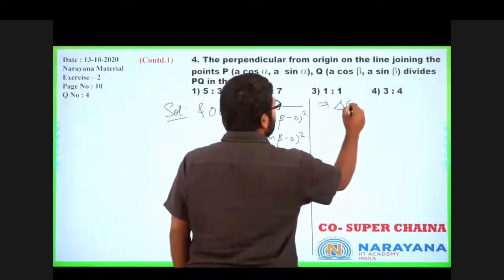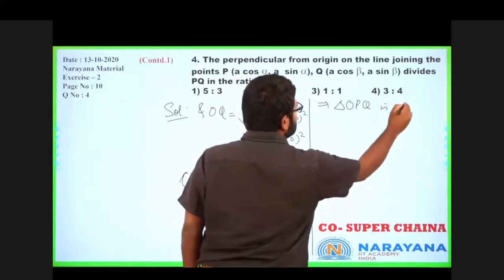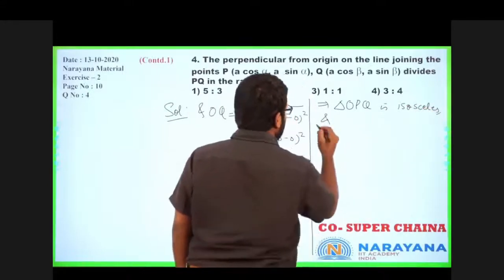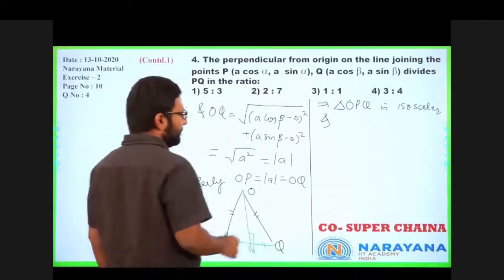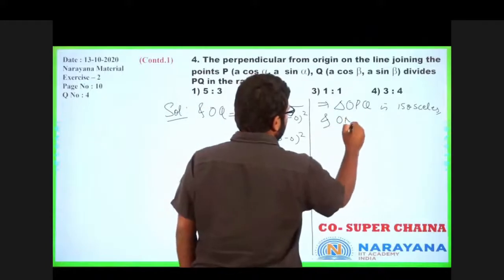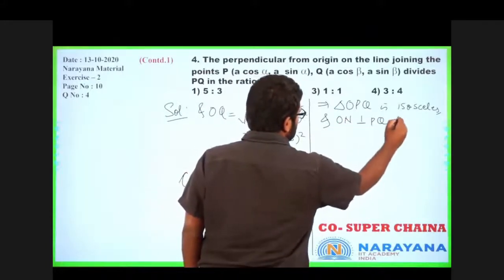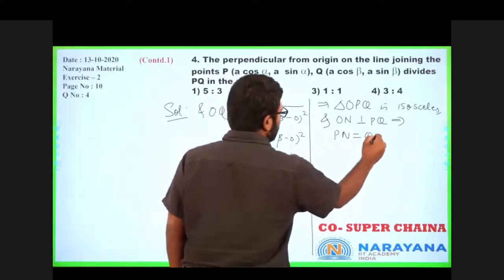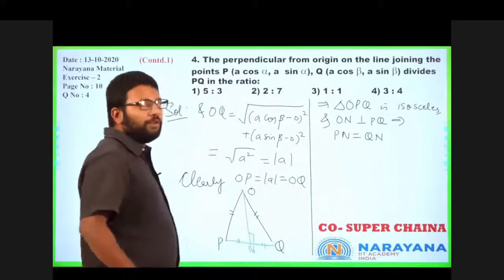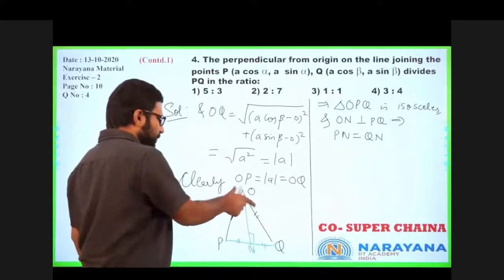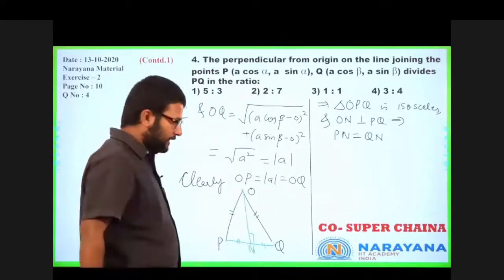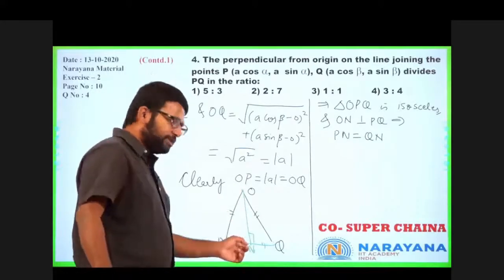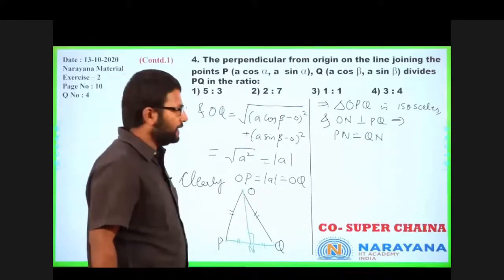Which means triangle OPQ is isosceles, right? And ON is perpendicular to PQ, which means PN equal to QN, right? So all we have done is we have first made this observation that OP equal to OQ, therefore it's an isosceles triangle, therefore the foot of the perpendicular will also be the midpoint, right?